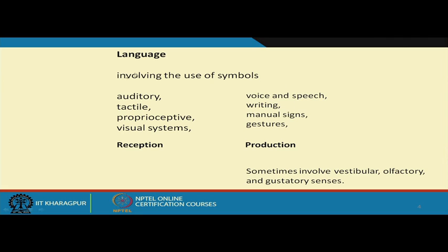So when we talk about information and communication as a whole for human beings, we need to consider these aspects as well, where the production and the reception of the information in the form of various communication happen in a particular domain, and these domains have been shown in this particular fashion, and seldom it happens in other aspects which are vestibular, olfactory or gustatory senses, which are very nominal in our case, but the communication is possible in these senses as well.